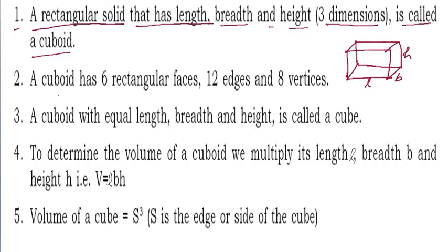So a cuboid has six faces. इसमें आपको six rectangular faces मिलेगी. So that is the six faces. You can see here six rectangular faces and 12 edges. Edge is this one. This line is called an edge. So these are how many? That is the 12. And 8 vertices. Vertices means this one.